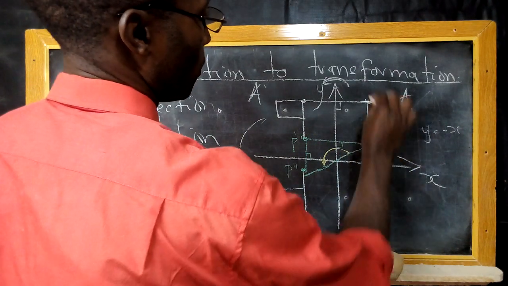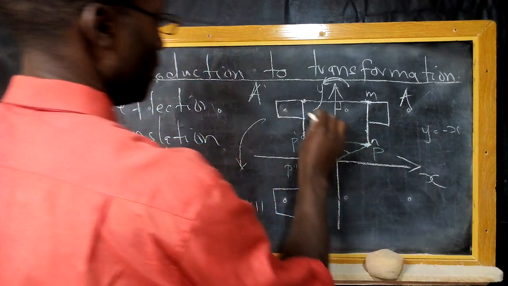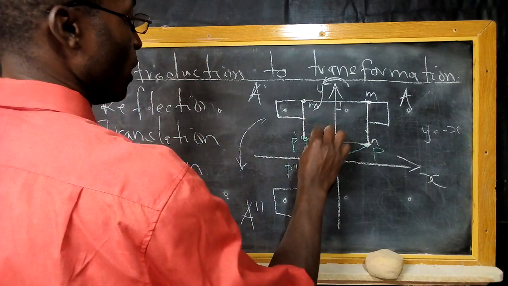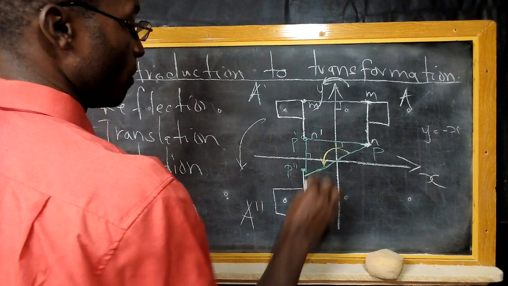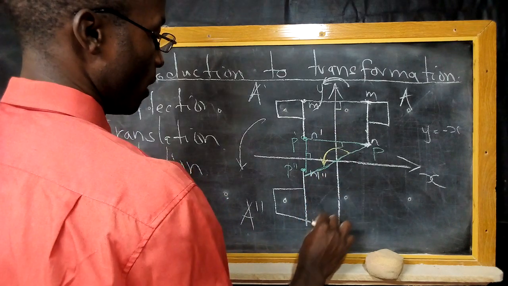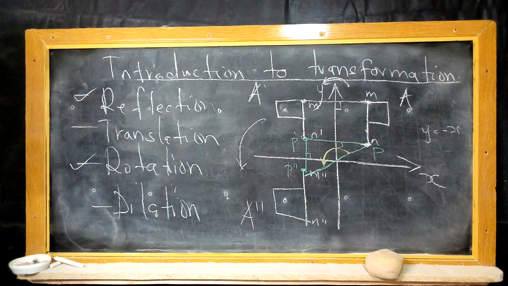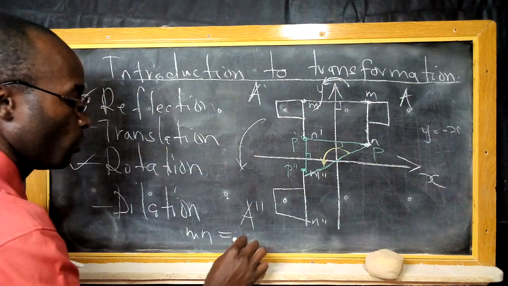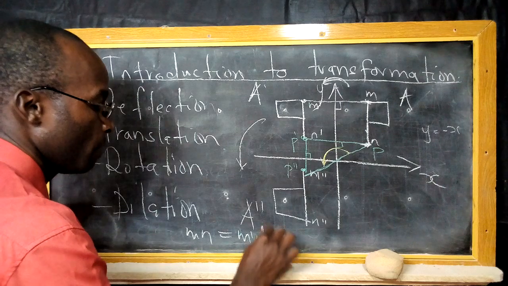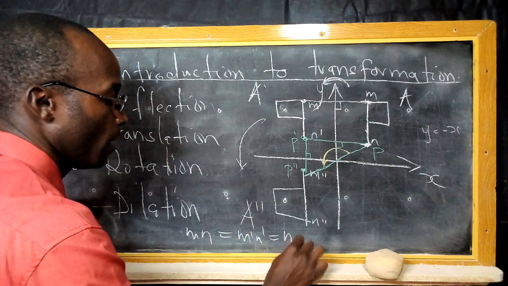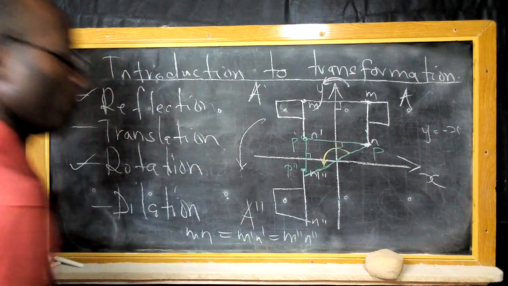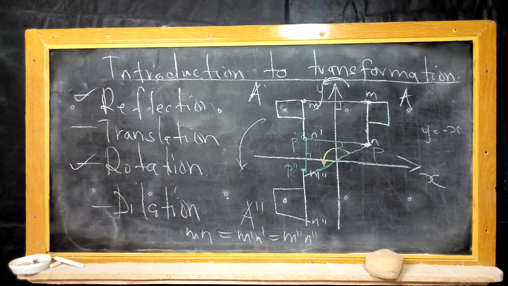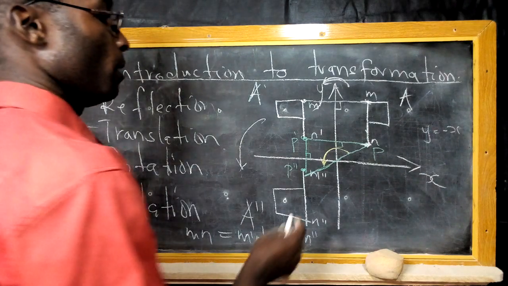Now suppose this is from point M to N. So M to N, this is M prime N prime, M prime prime N prime prime. The length of MN will be equivalent to M prime N prime, will be equivalent to M prime prime N prime prime. So that is what it refers to. That is one of the characteristics for rotation. And then the angles of that one will be preserved.